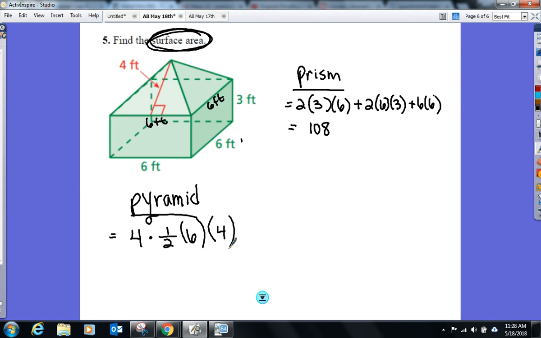Everyone all right? Why I'm not adding in the base, even though it says surface area? Base is covered up by the prism. So the pyramid, 48, for a total of 156 feet.